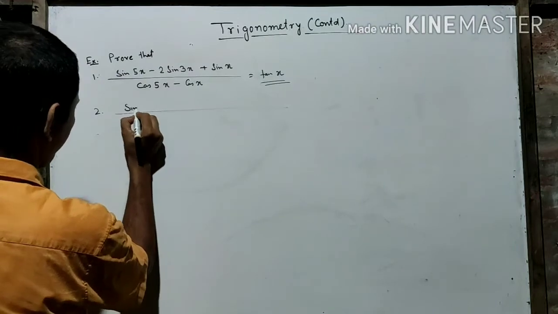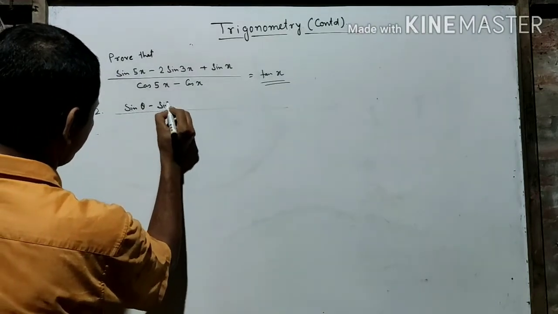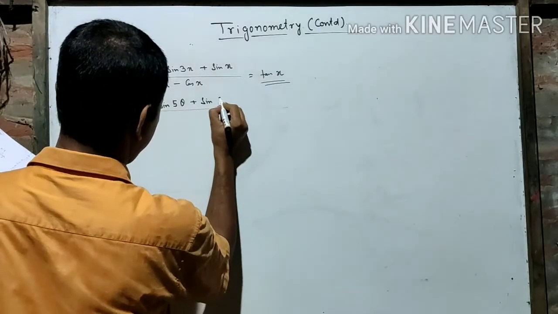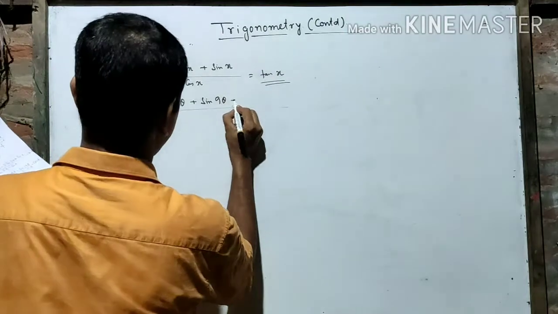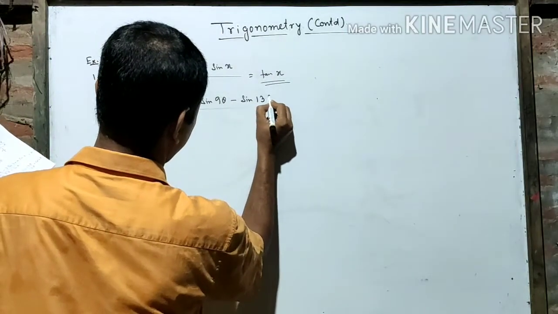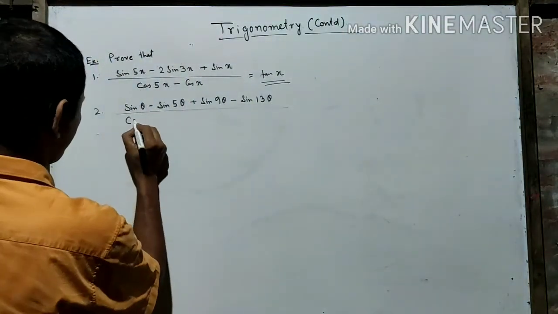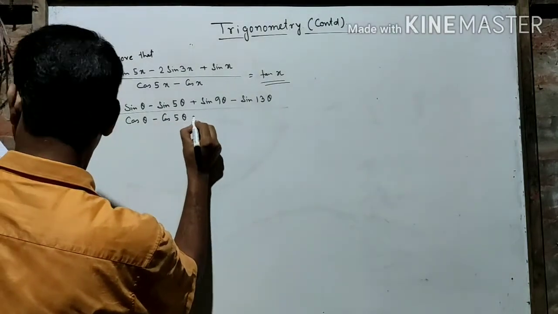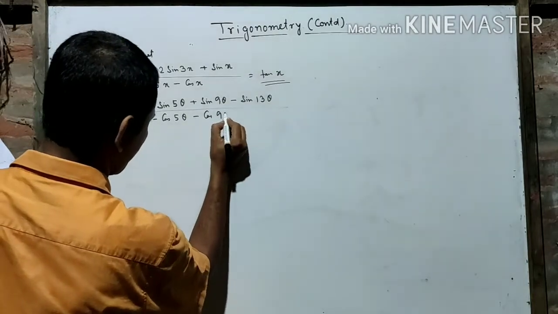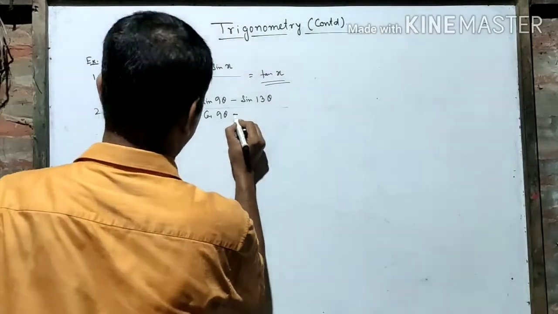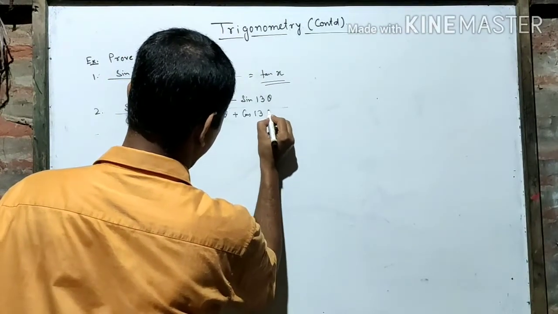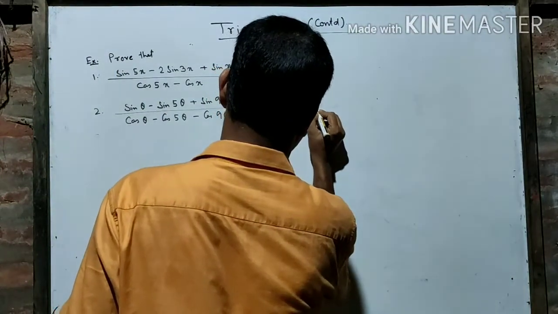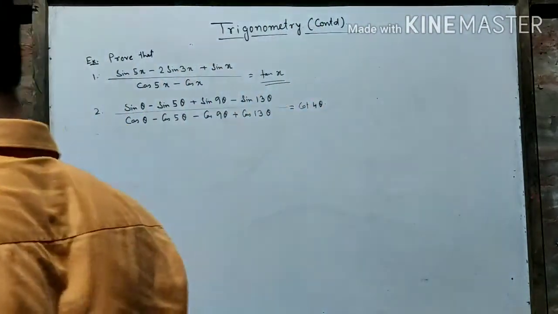sin theta minus sin 5 theta plus sin 9 theta minus sin 13 theta divided by cos theta minus cos 5 theta minus cos 9 theta plus cos 13 theta is equal to cot 4 theta.